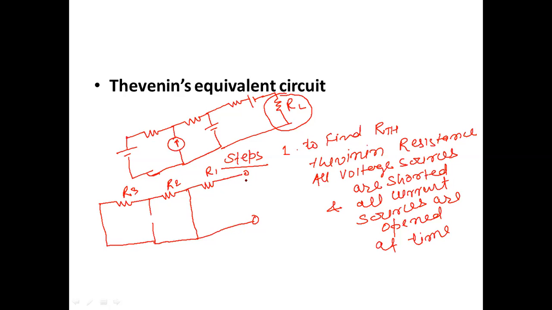We have to find the equivalent resistance at the open terminal, and this resistance is called RTH. Suppose I send current here, this current will go here, and there is a short circuit path, so it will come here.